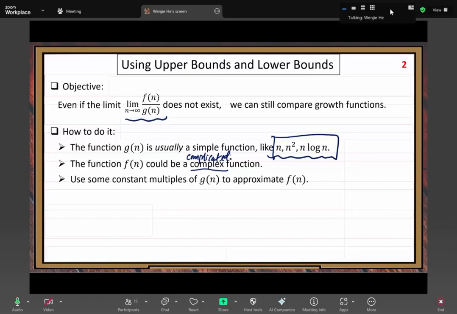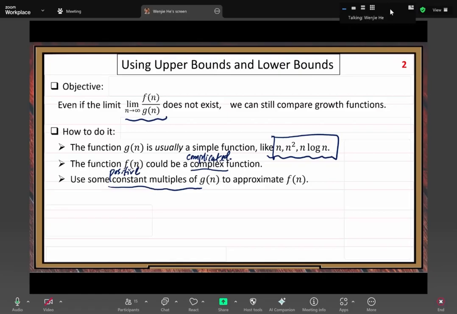How do we use g function to measure f function? The simple way is to use positive constant multiples, remember our little c, of g function to approximate f function. That's the natural idea.